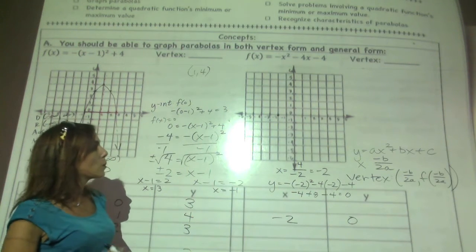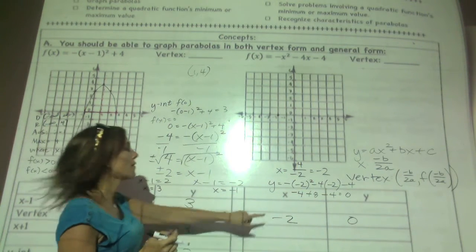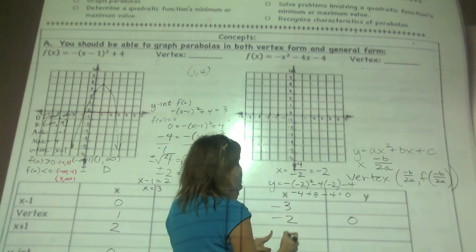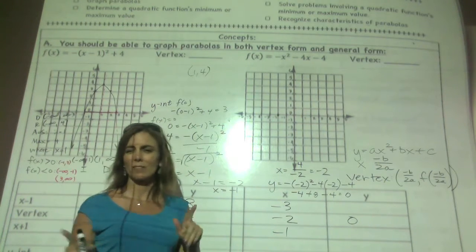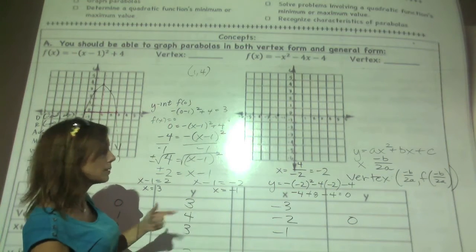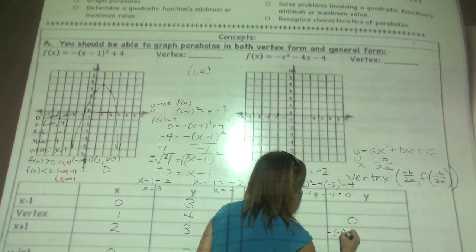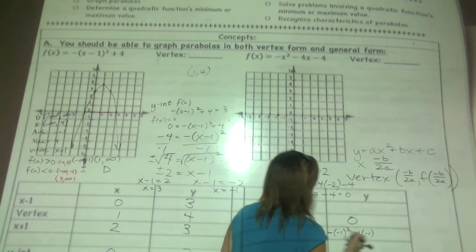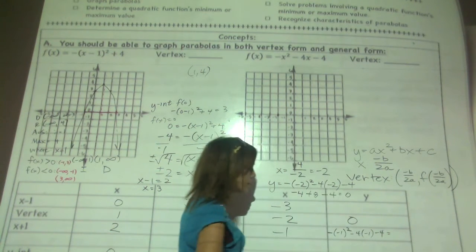All right, now we're going to go ahead and add 1 and subtract 1 from x, so negative 3 and negative 1. Let's substitute them in. Let's just do 1 since we know the trick. If I had to choose between the two, I'm going to choose negative 1. So negative 1 squared minus 4 times negative 1, minus 4. Okay, let's go ahead and simplify that.